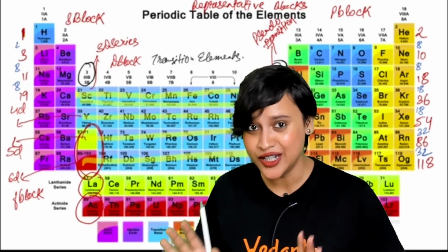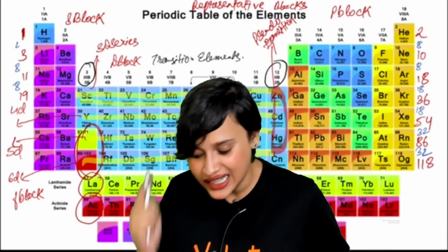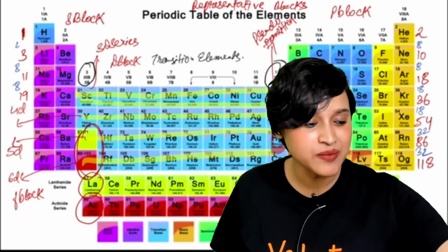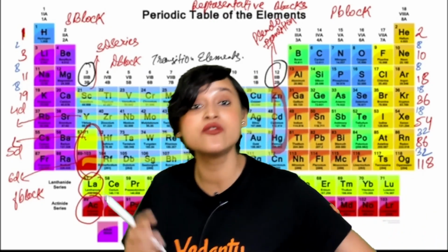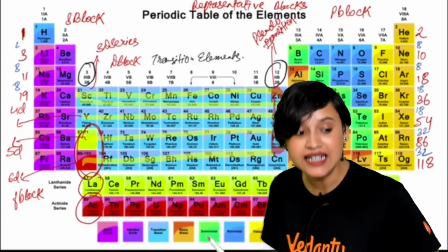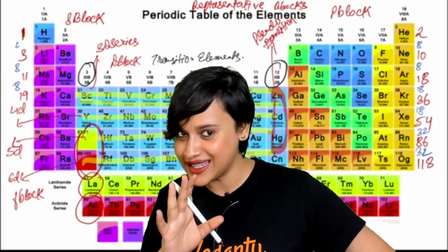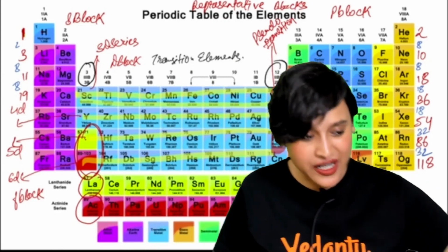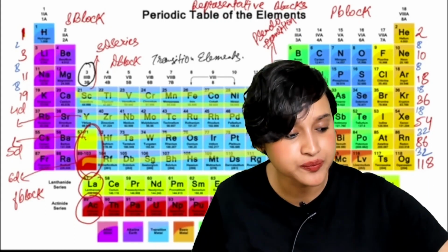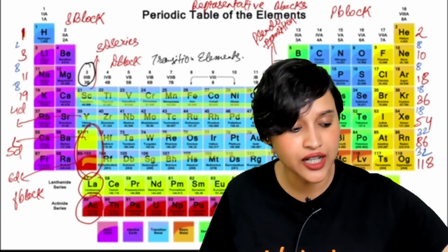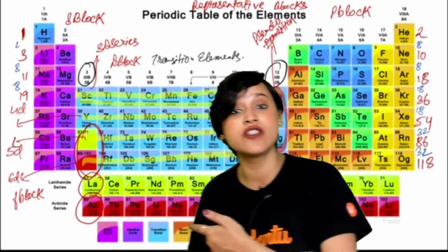Do you see, everybody? Now 37 plus 18, you will be getting 55, which is nothing but cesium. Then 55 plus 32, you will be getting 87, which is nothing but francium.